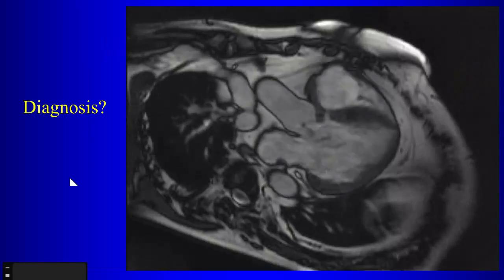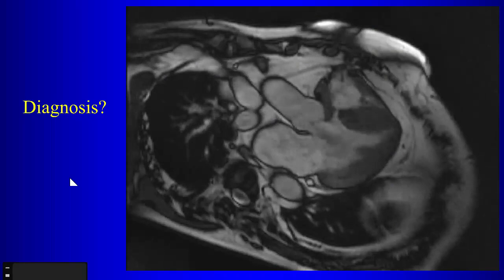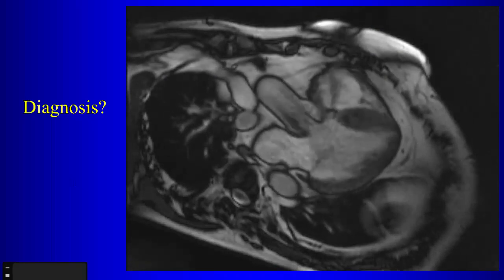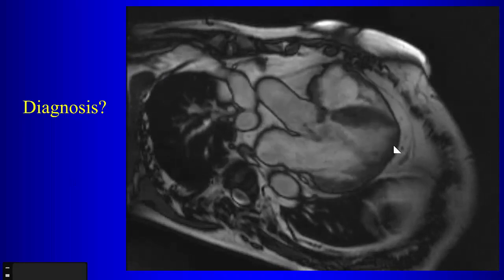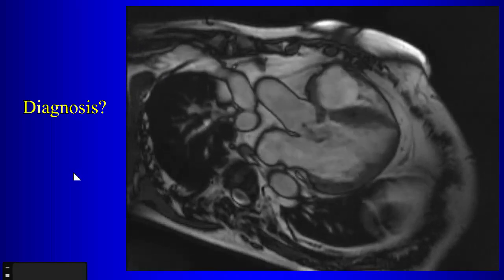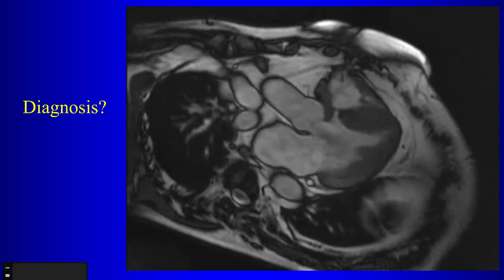So starting with this case, what kind of view are we looking at here? Three-chamber. Yeah, so this is bright blood imaging, cardiac MR, it's a three-chamber view. Here we have the left atrium, the left ventricle, here's the aorta. So what is the problem? Do we see a problem here?